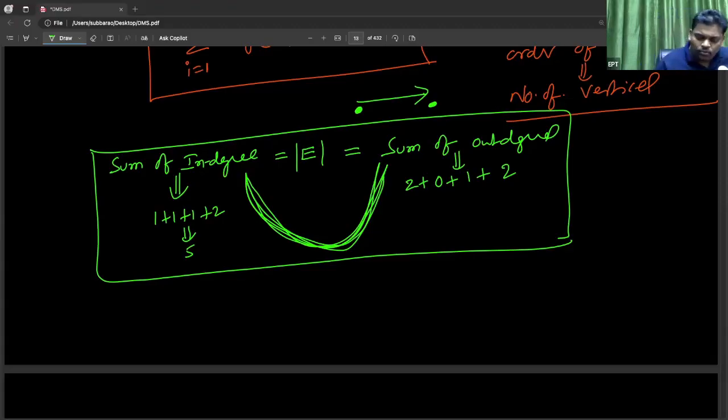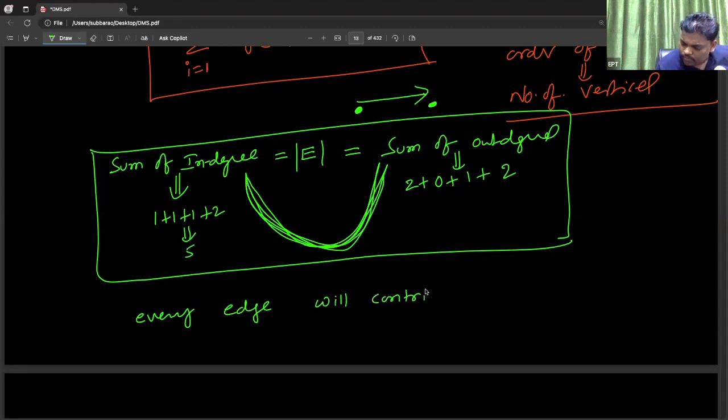If you want, you can write that note: every edge will contribute by degree 2.